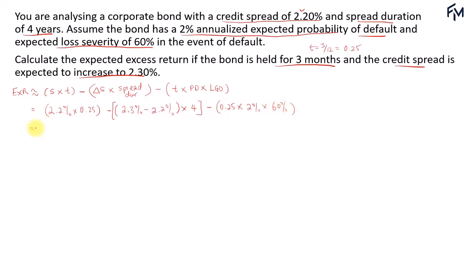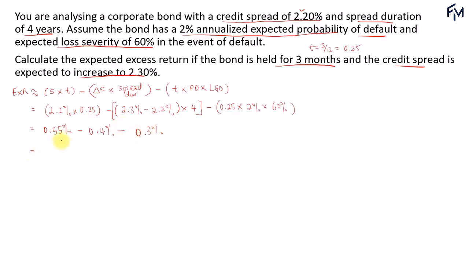So if you calculate this, your expected gain from the spread during the 3 months is 0.55%, and then the expected loss from the increase in the spread is 0.4%, and the expected loss from default losses will be 0.3%.